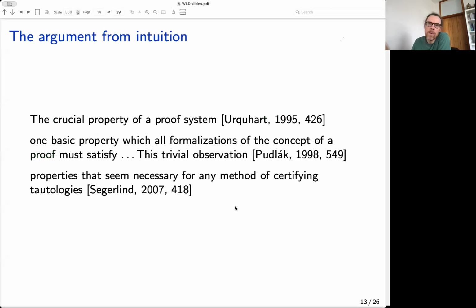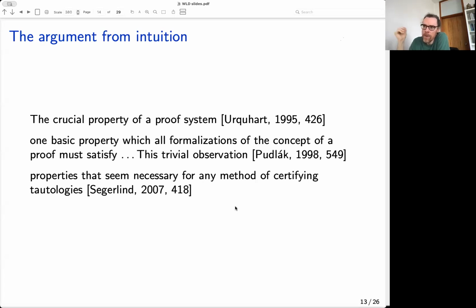The second argument I'm calling the argument from intuition, and this is the idea that it's just intuitively obvious that the proof checking procedure has to be polynomial. Urquhart talks about the crucial property of a proof system, but he doesn't explain why it's crucial. So one natural interpretation is that it's meant to be intuitively obvious.